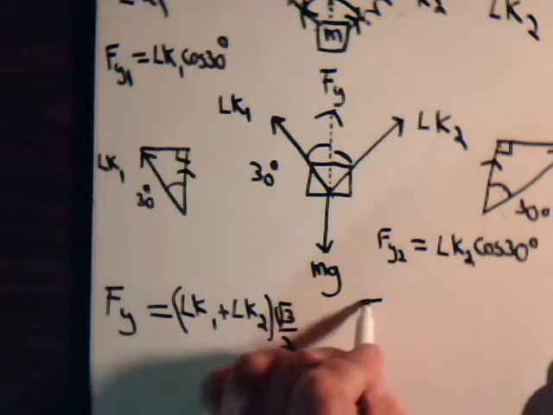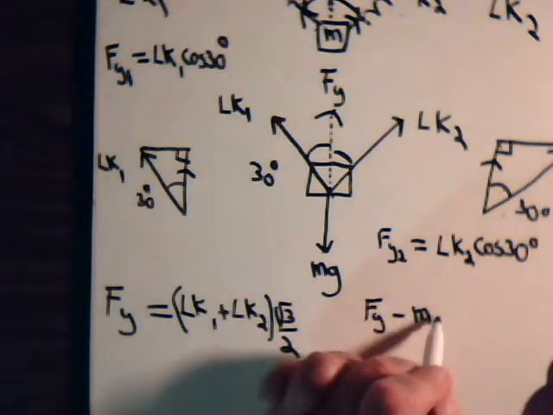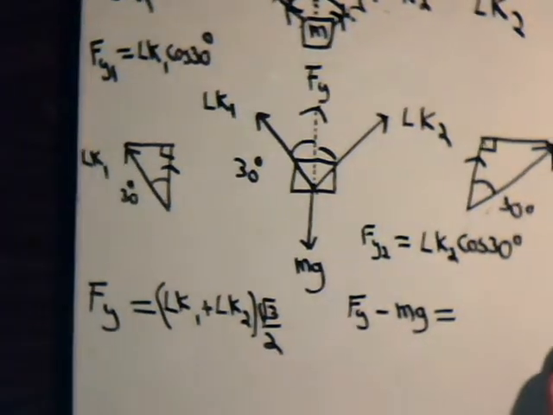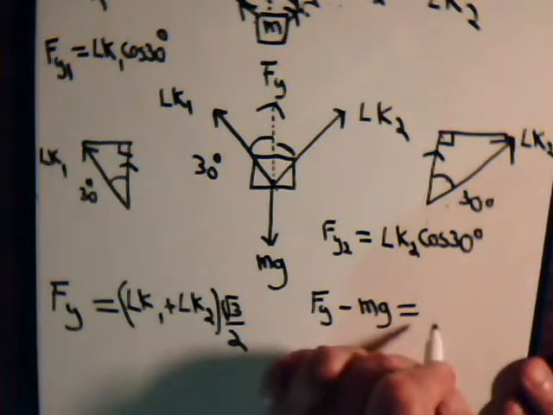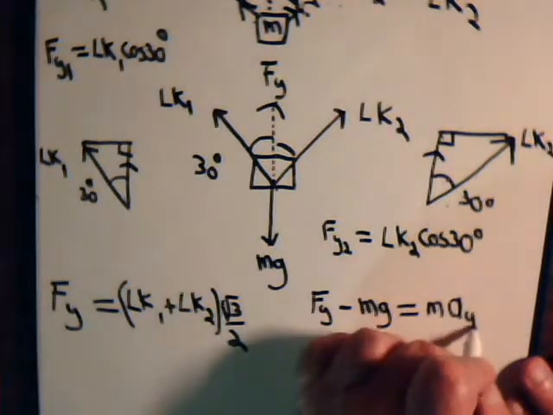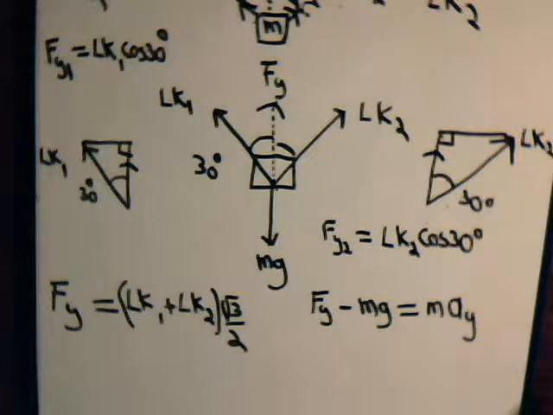So we have F of y minus mg. That's the net force acting on the block, so that would be equal to the mass of the block times its vertical acceleration, a y. Y, of course, is designating the vertical direction for our problem. So the acceleration in the y direction will equal this divided by m.